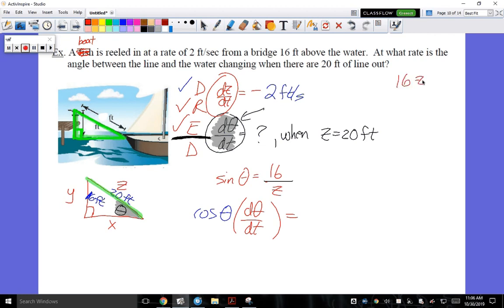I'm going to bring this up as a rewrite because of two things. The top numerator is one term, and it's a constant. So now the derivative, Madeline, of this is going to be what?